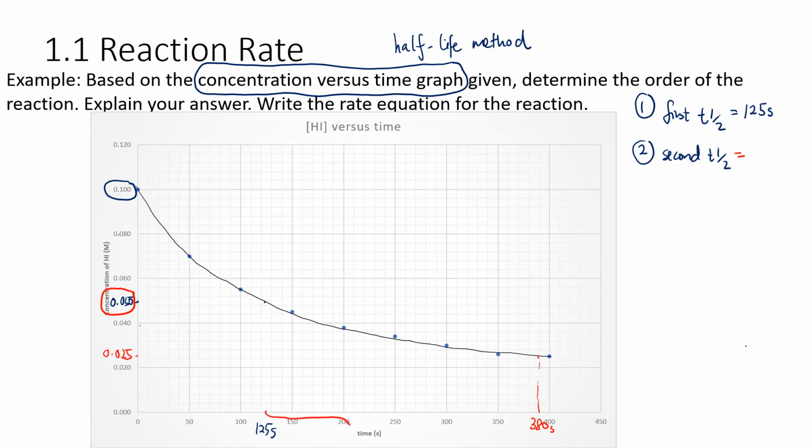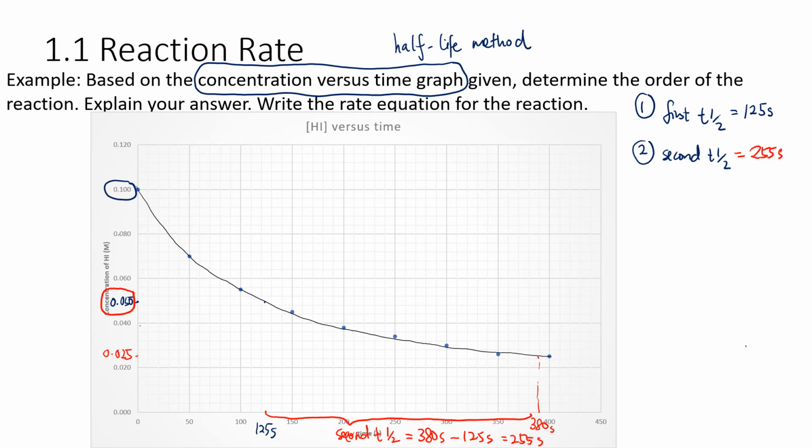So here is the second half-life, which is equal to 380 seconds minus 125 seconds. That is equal to 255 seconds.